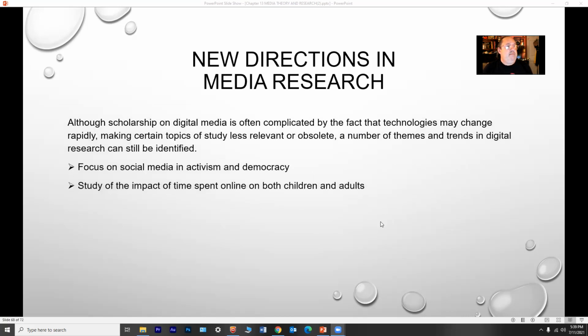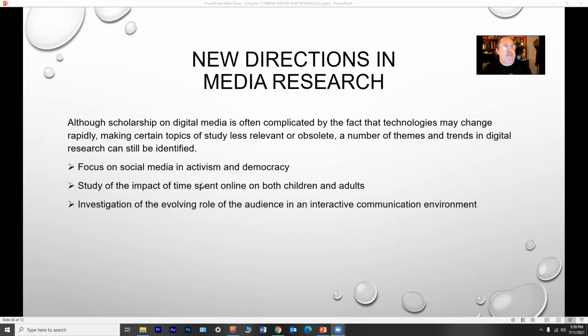New research and media methods, the media research, new directions, focus on social media and activism and democracy. Big area of study now. The impact of time spent online for both children and adults. I think the time spent online may have more of an impact on you than what you're actually reading.